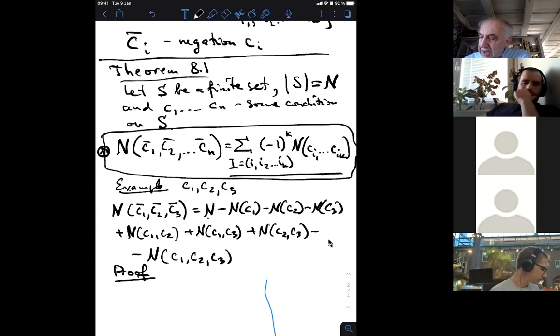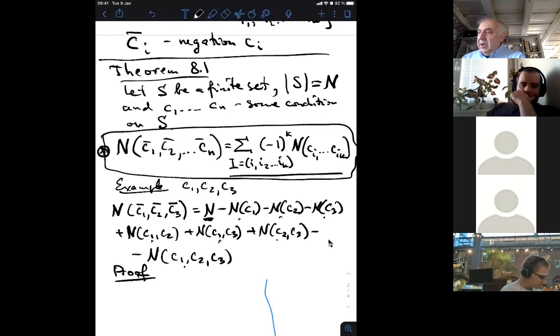Well, it lies in the whole ambient set, yes. So it contributes 1 to this term. But since it's violating all the properties, it contributes 0 here, 0 here, and 0 to all the other terms. So it contributes 1 to the left-hand side and 1 to the right-hand side. Okay, good.